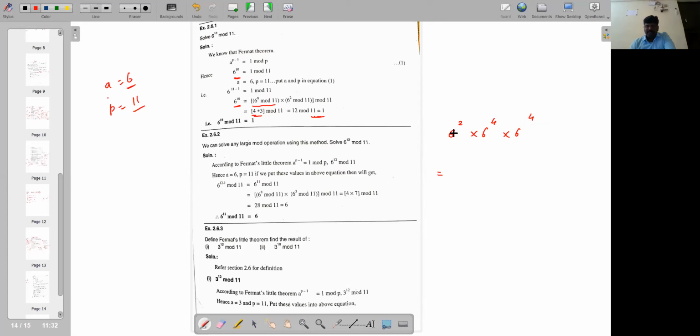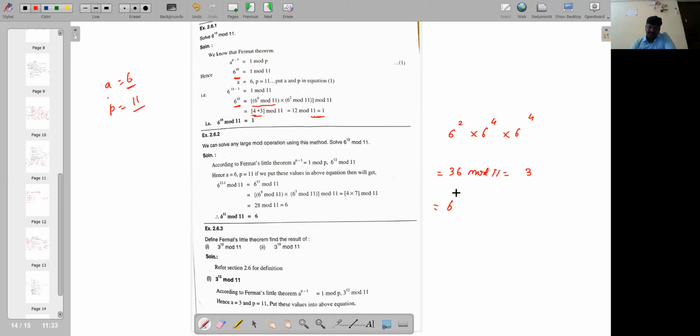So 6 power 2 is equal to 36, 36 mod 11, I'll get 3, correct?